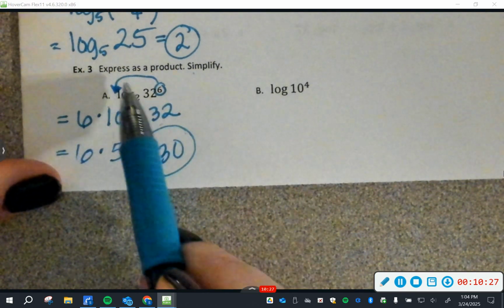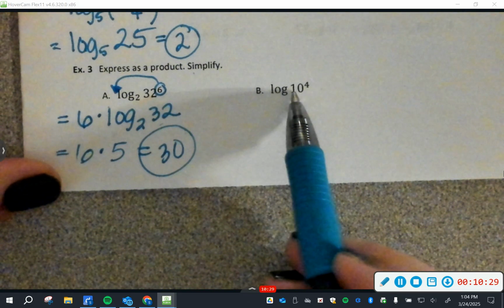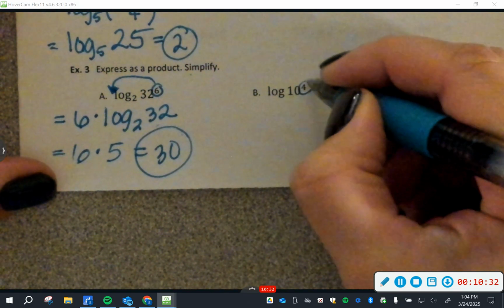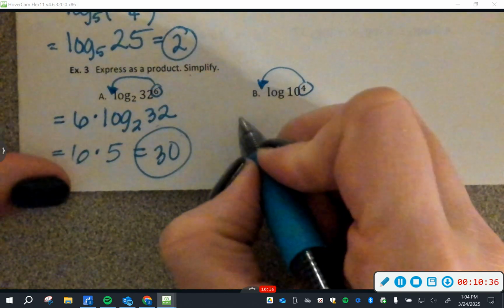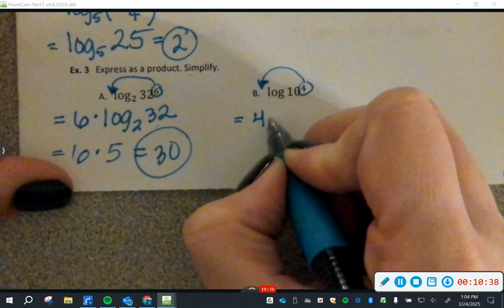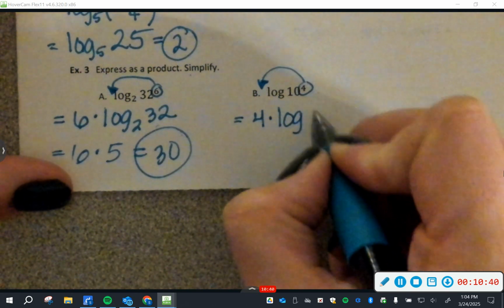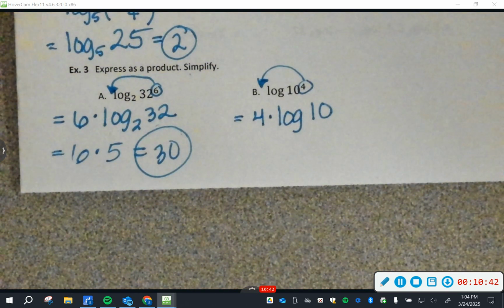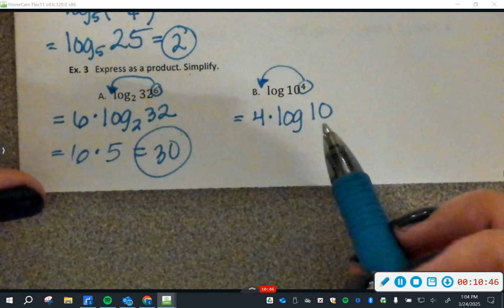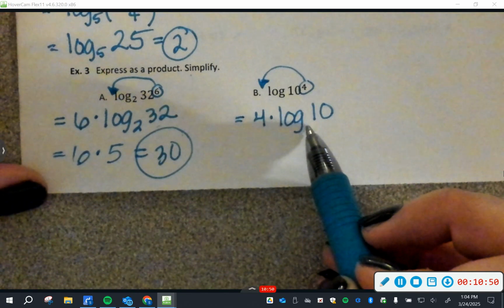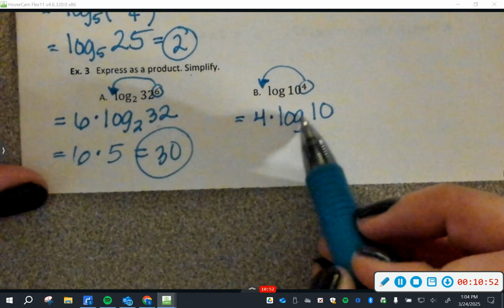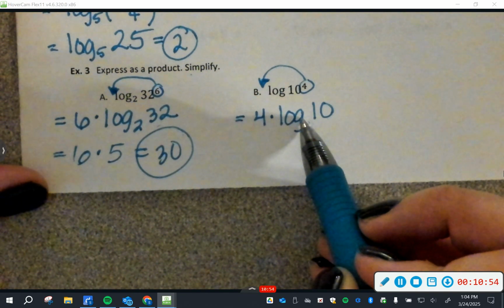Doing that with b. Express as a product. I have a log, and then it has an exponent, so that exponent gets to come in front of the log and be multiplied. So 4 times log 10. Okay, now remember, if you don't see a base, what is it? 10.